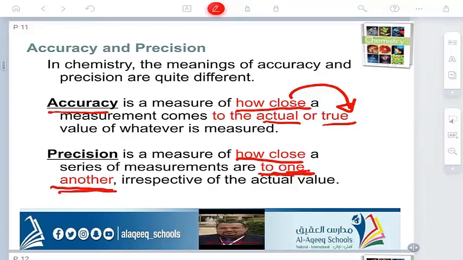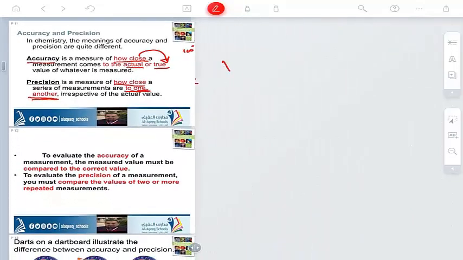How come? It means, if you have the boiling point of water, it's measured by scientists and it's 100 degrees Celsius. This is the boiling point of water, 100 degrees Celsius.